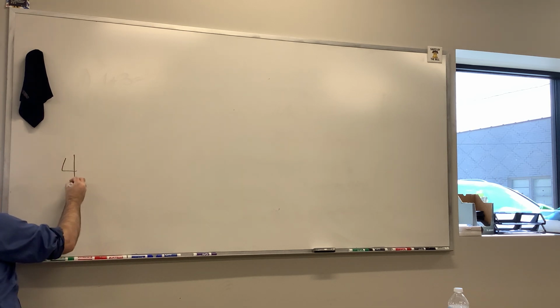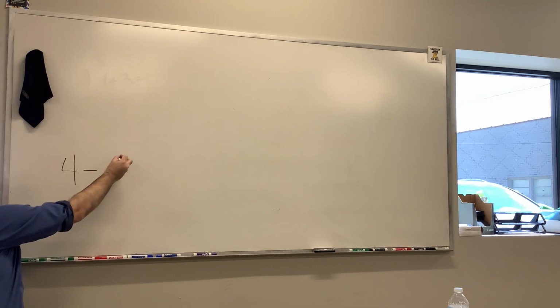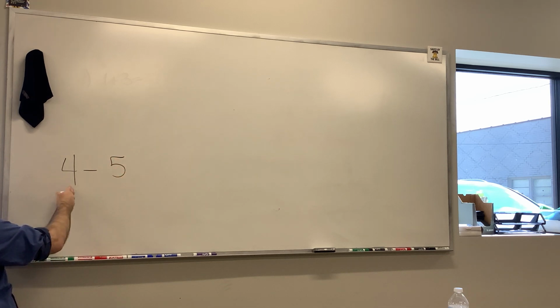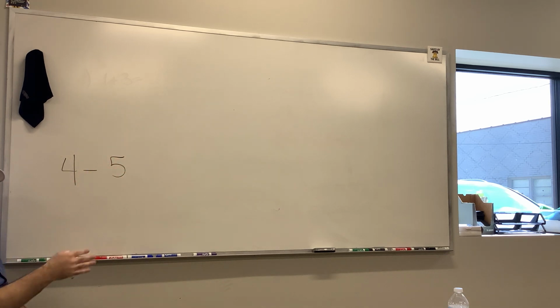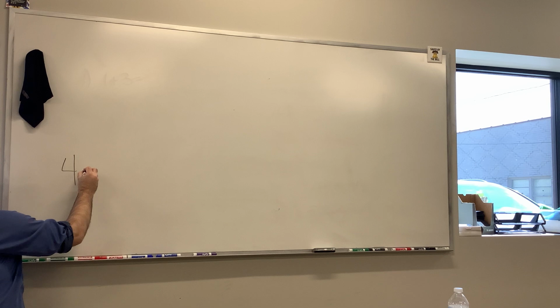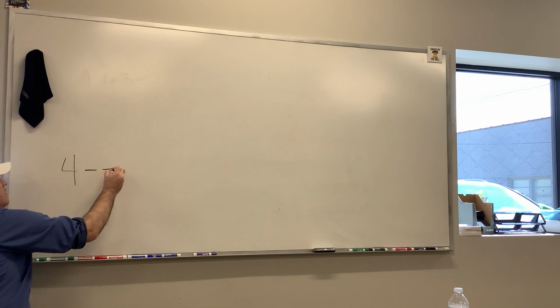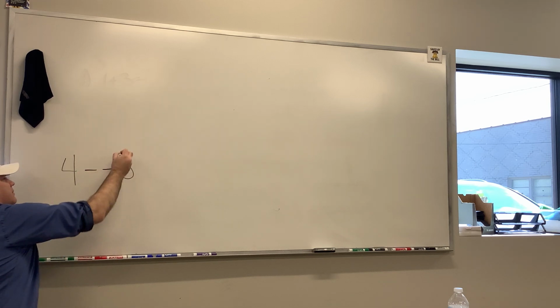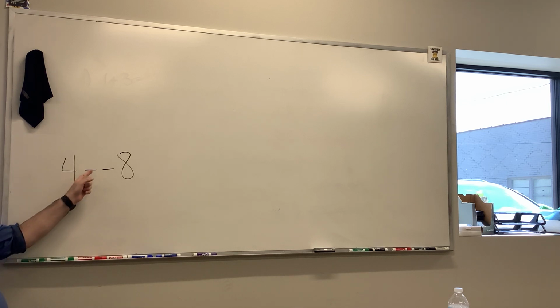I'll give you a good example of why we do that. If I do like 4 minus 5, okay, that we can see we're doing 4 minus 5, we're going to -1. But you're going to have a problem eventually that will be like 4 minus negative 8 or something, where you're subtracting a negative number, okay?